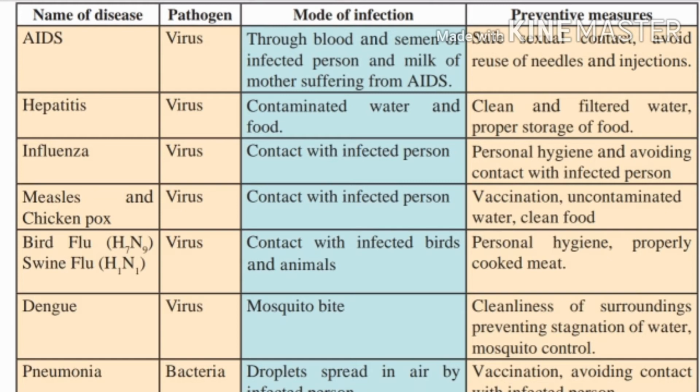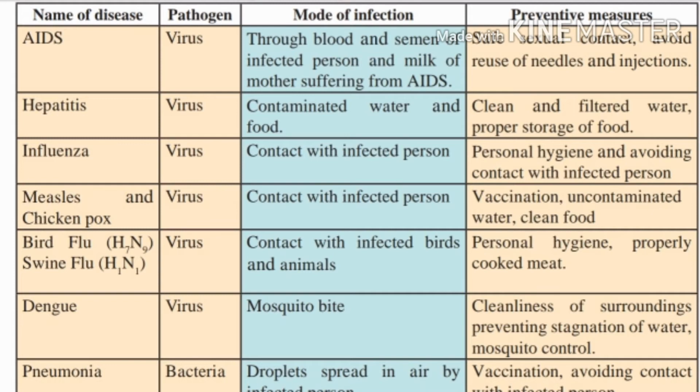First, AIDS. AIDS is caused by a virus. The name of this virus is HIV, human immunodeficiency virus. Now, how AIDS spreads, we are going to learn in the mode of infection. If an infected person donates blood, then the disease can be transmitted.